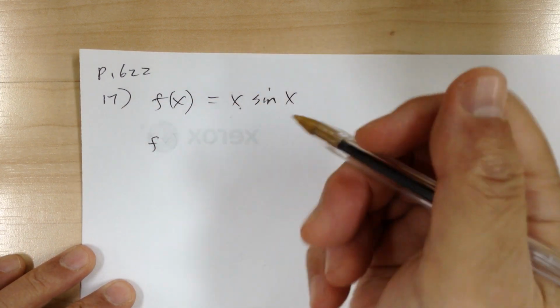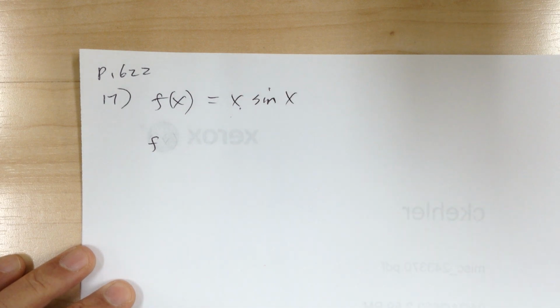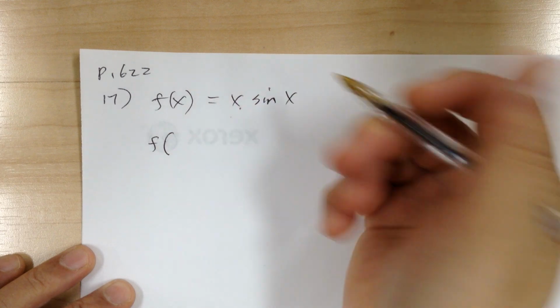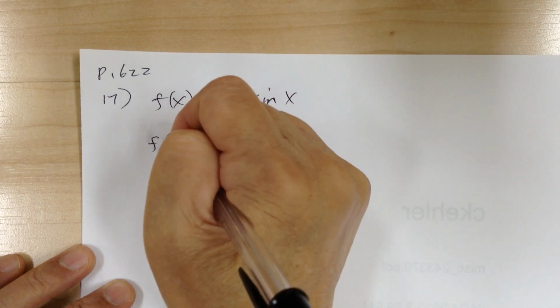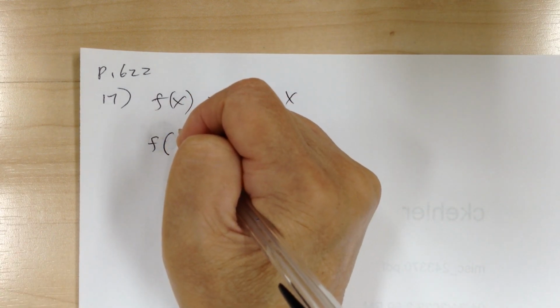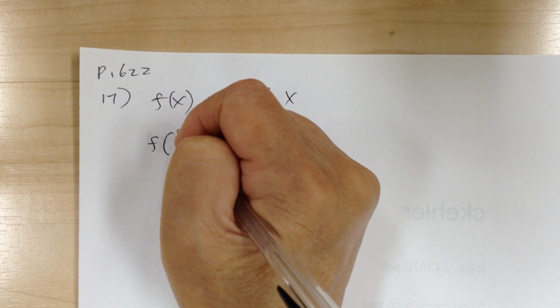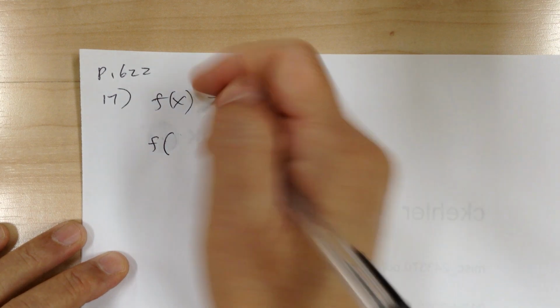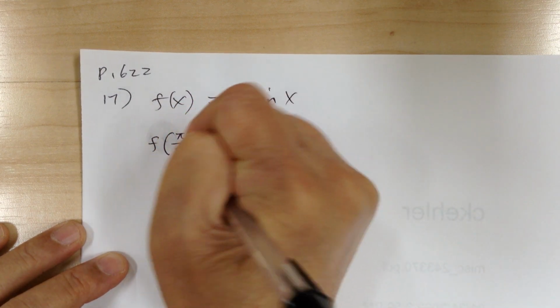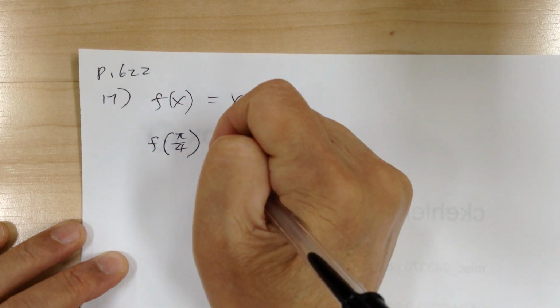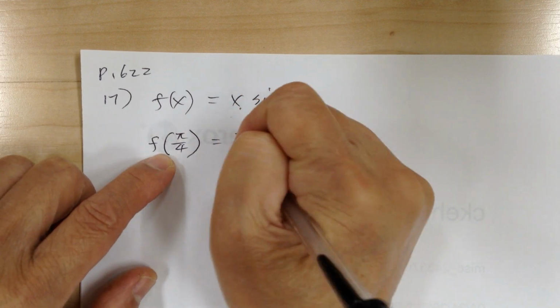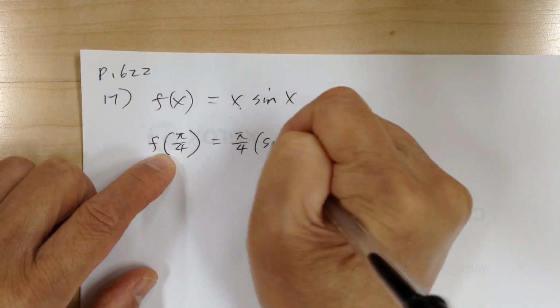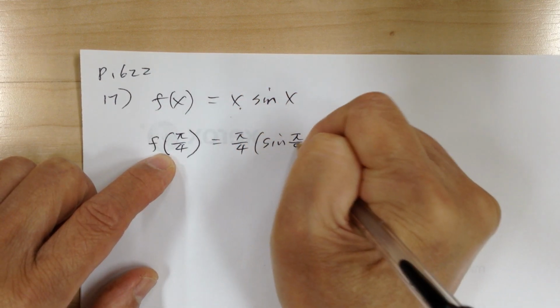So you can just use a couple points like 0, pi over 4. Pi over 4 is a good number to use, rather than 0 or pi over 2, because sometimes those may not work. So let's try pi over 4. f of pi over 4 equals pi over 4 times sine of pi over 4.